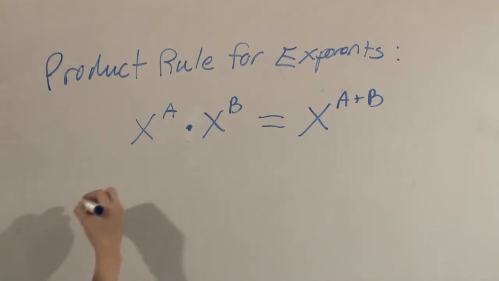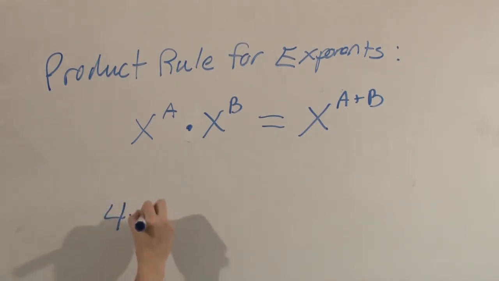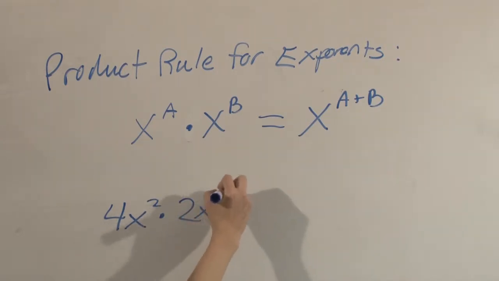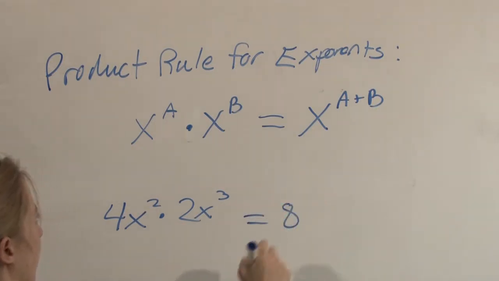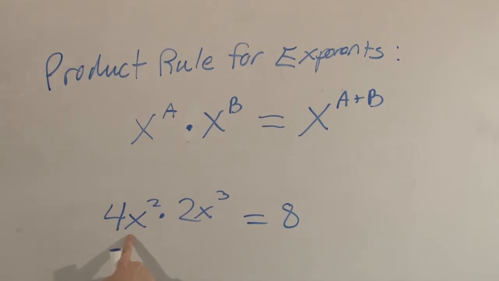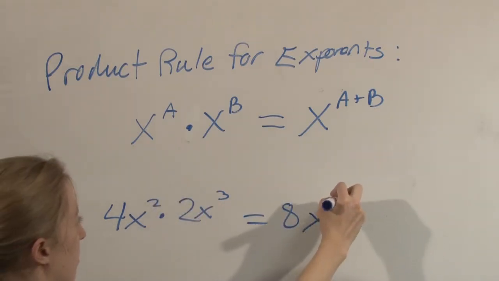Now, if we multiply terms with coefficients, what you're going to do is multiply the two coefficients, so 4 times 2 is 8, and then use the product rule for exponents on the variables. So that's going to be x to the 2 plus 3, so x to the 5.